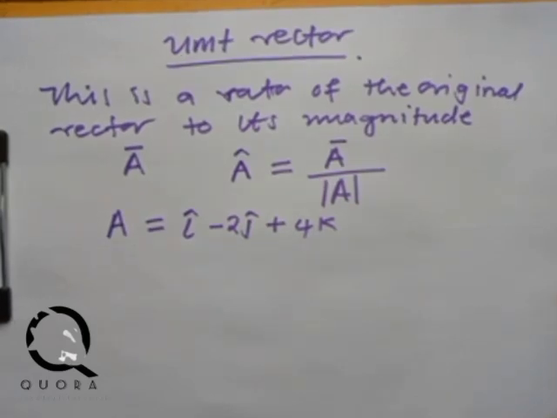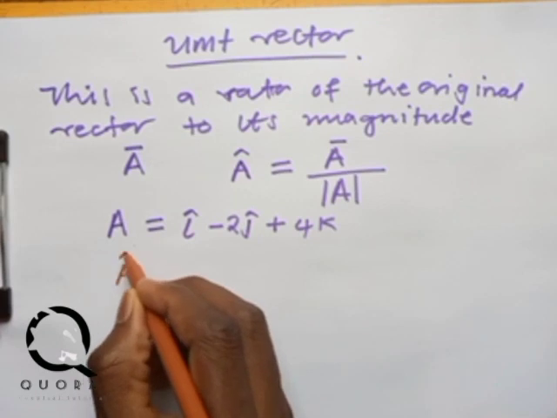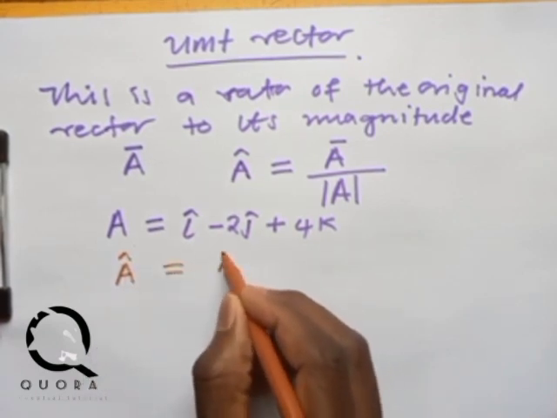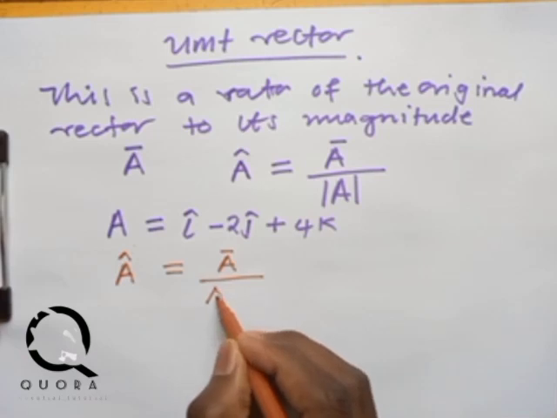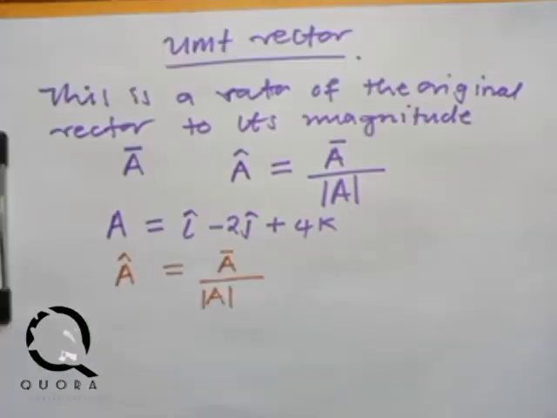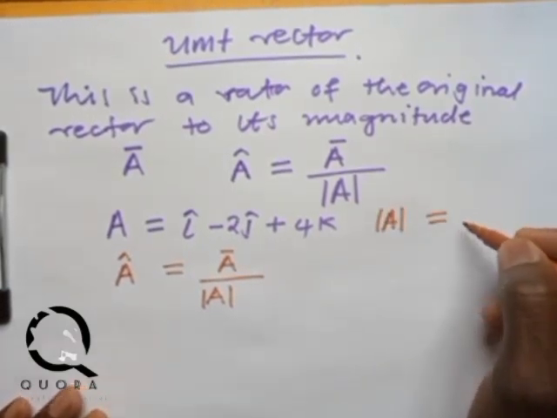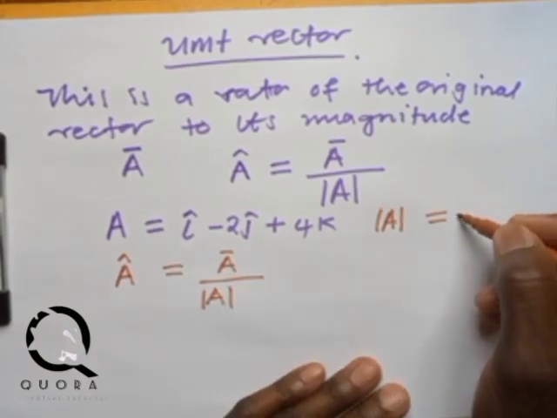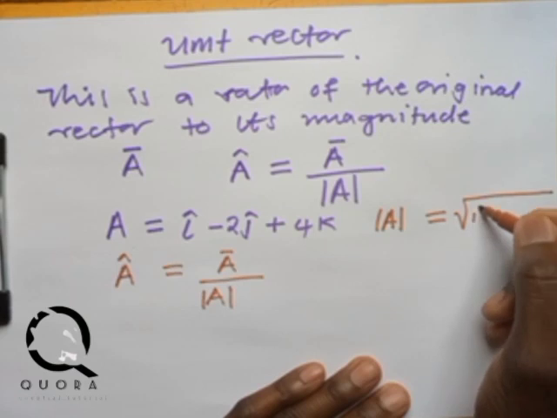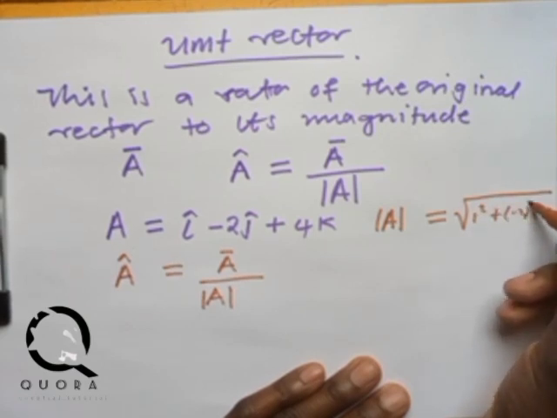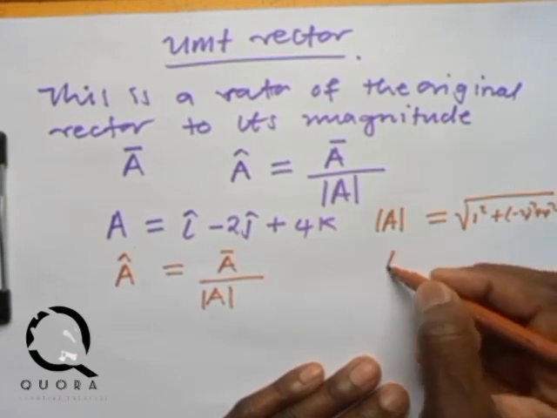What are we supposed to do for you to find the unit vector here? The unit vector of A has to be equal to vector A over the magnitude of vector A. So you have to start with the magnitude of vector A. The magnitude of vector A has to be equal to root of 1 square plus negative 2 square plus 4 square.